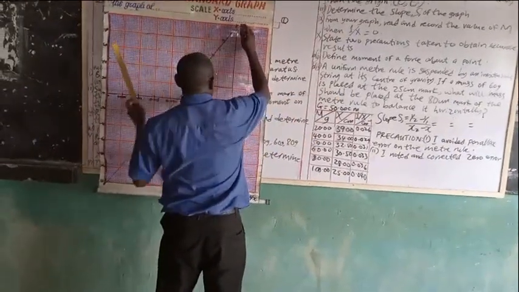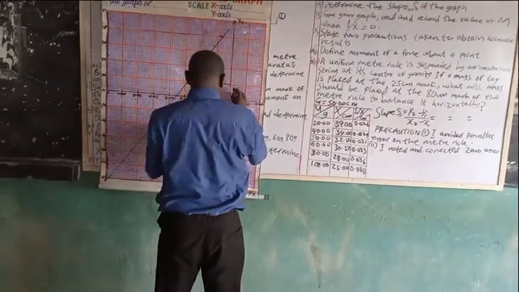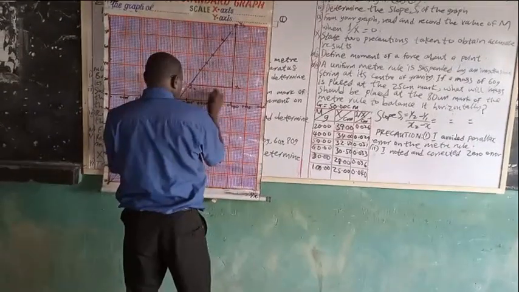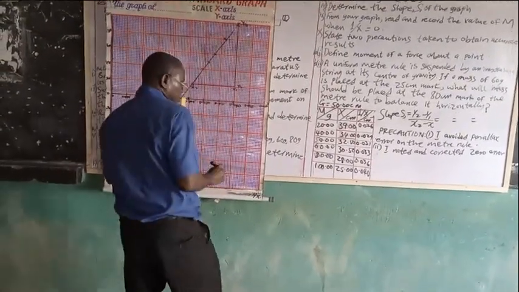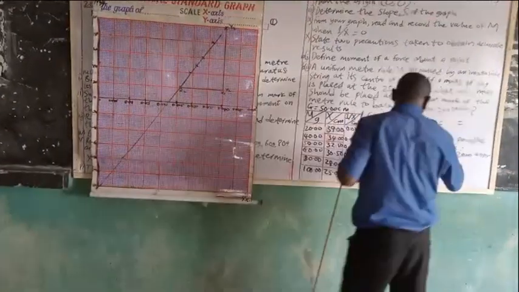This will be our y2, this will be our y1, this will be our x2, this will be our x1.